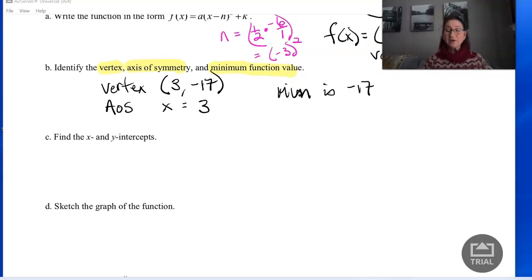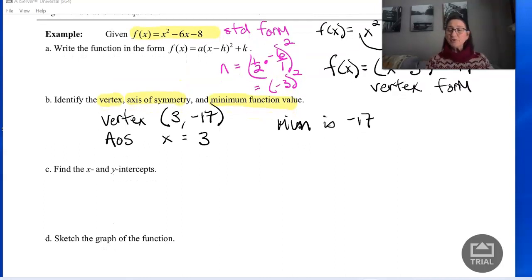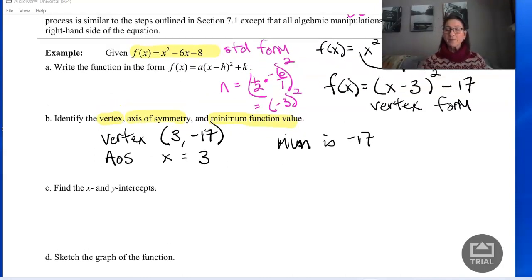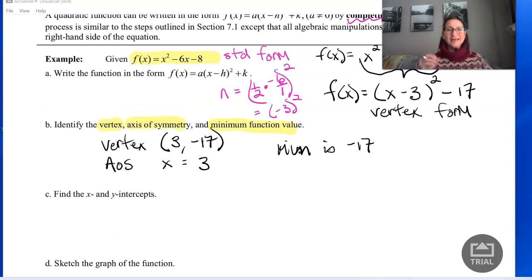So now from here, I can move on and I can find my x and my y intercepts of this function. So I'm going to show you a nifty way that you can find your x-intercept. If we take our function in vertex form, change that function notation, that f of x, to a y, and then you would let that equal 0.